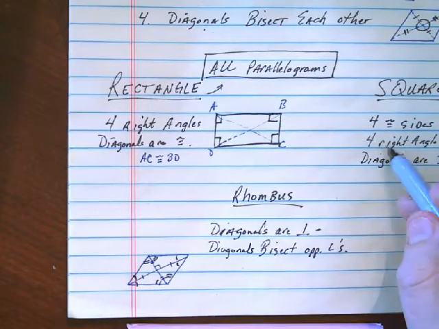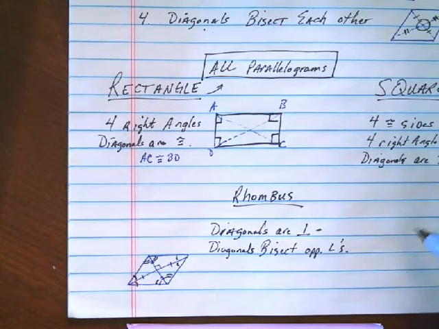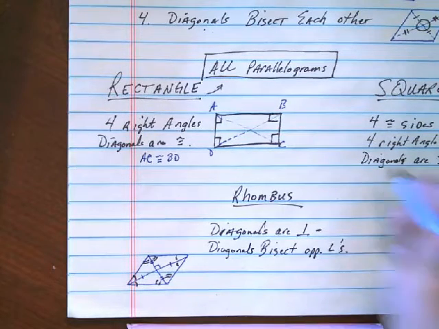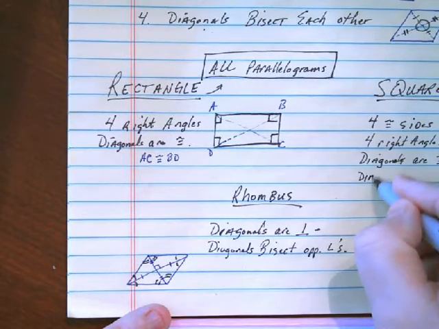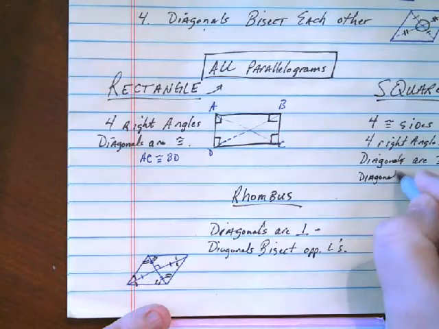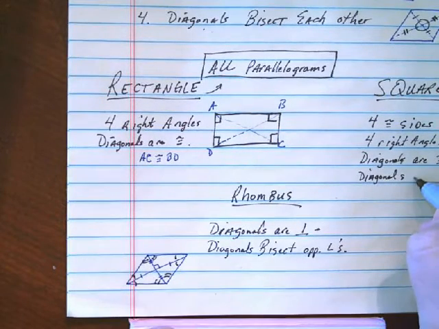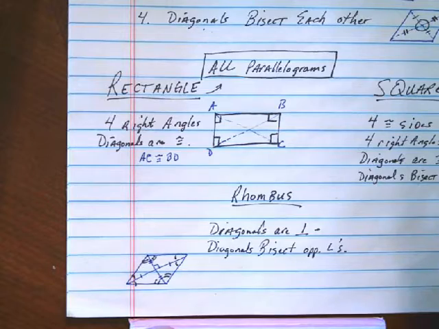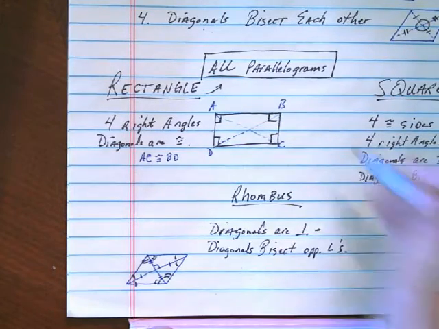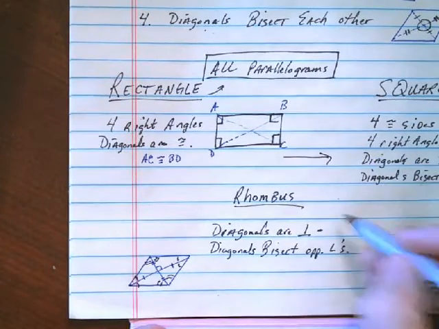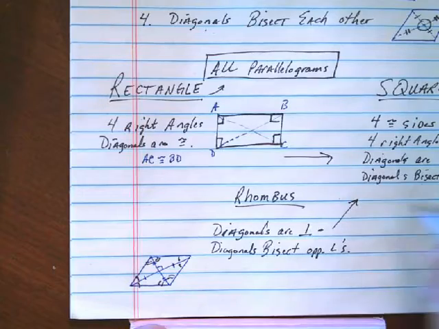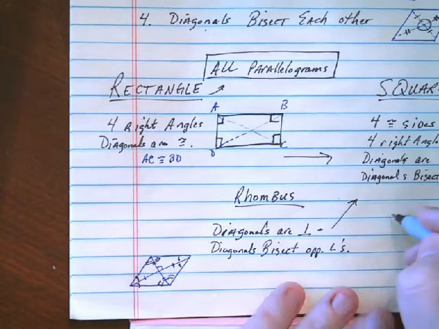And then the square. Four congruent sides, four right angles. Diagonals are congruent, and they're perpendicular, and the diagonals in a square bisect opposite angles. Basically, everything that's true about a rectangle, everything that's true about a rhombus is also true about a square.